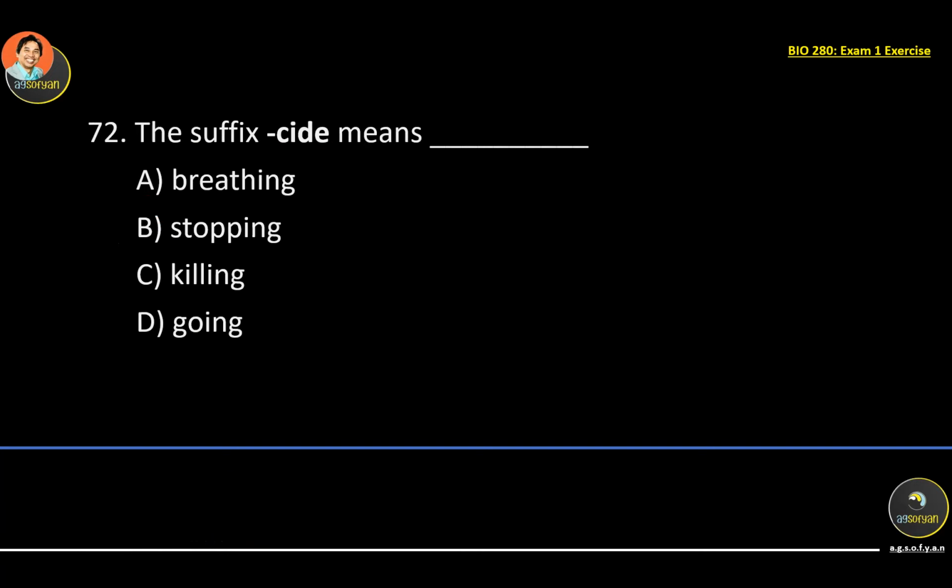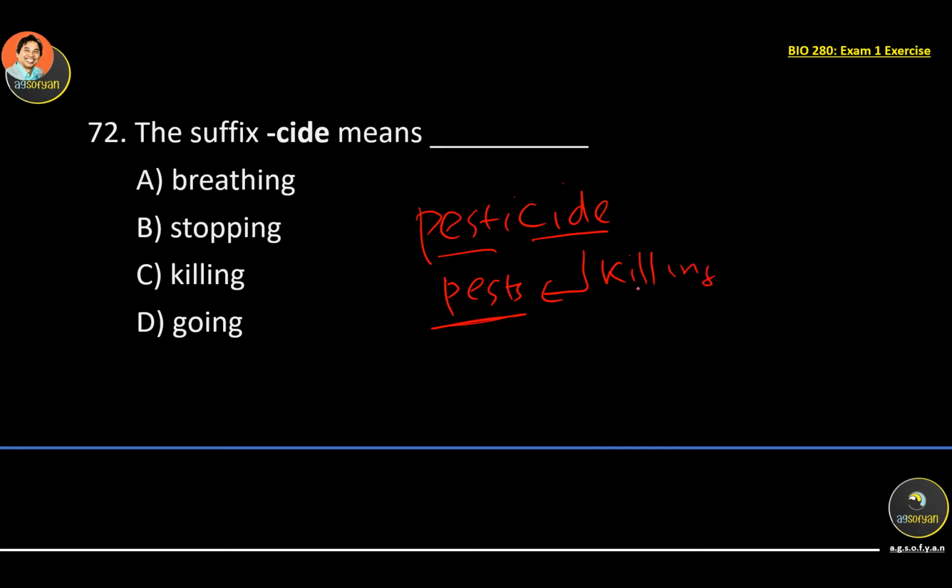The suffix cide means A, B, C, or D. Just remember this. Pesticide. What is that? This is the one that kills the pest. Okay, therefore, cide means killing.